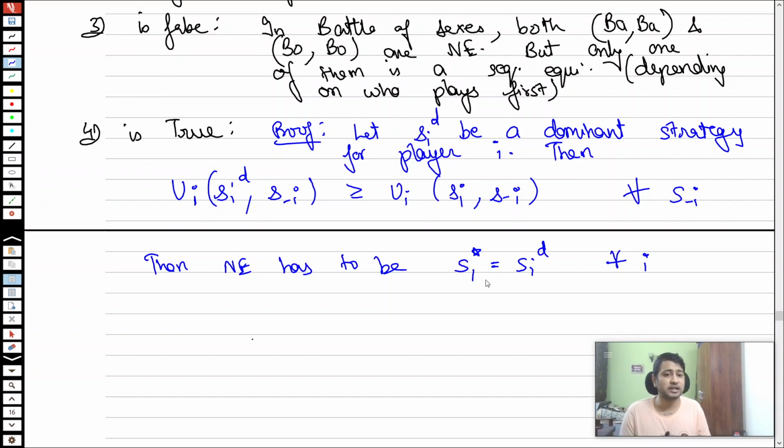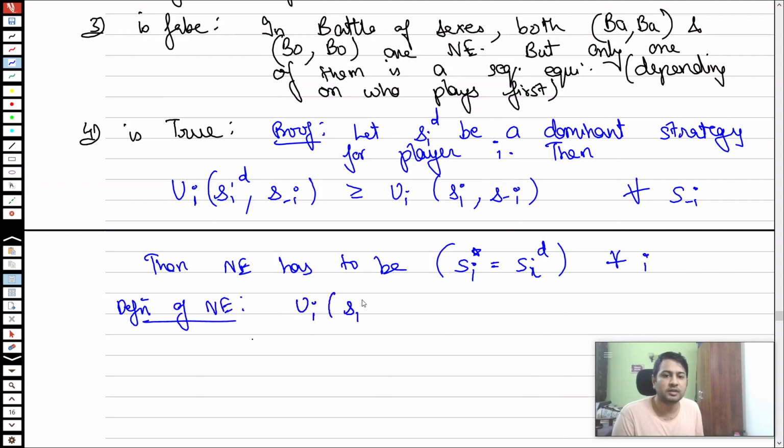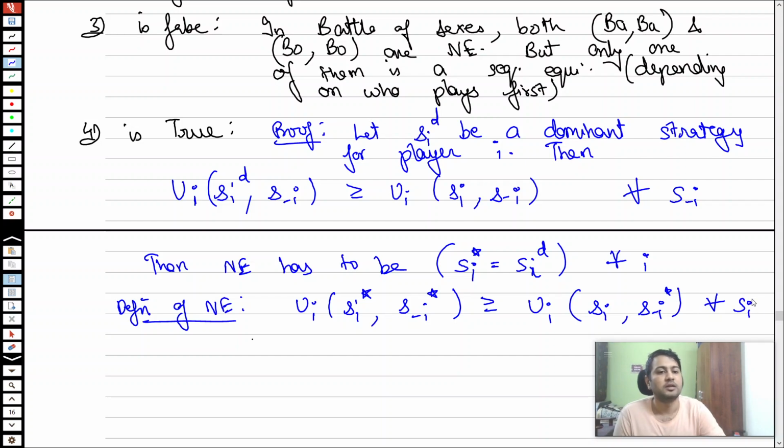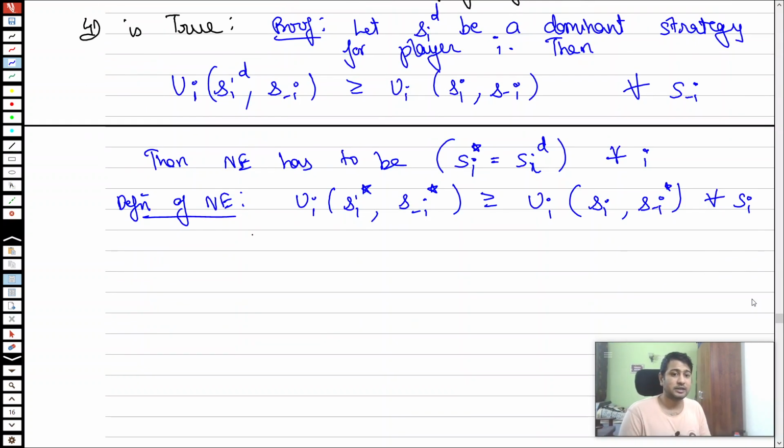So if all the players have dominant strategies, then the Nash equilibrium has to be this, because the definition of Nash equilibrium is that the utility of the ith agent given Si star comma S minus i star is greater than or equal to the utility of the ith player given Si comma S minus i star for all Si. So as long as other players keep playing their Nash equilibrium strategies, you get the best by playing Nash equilibrium.